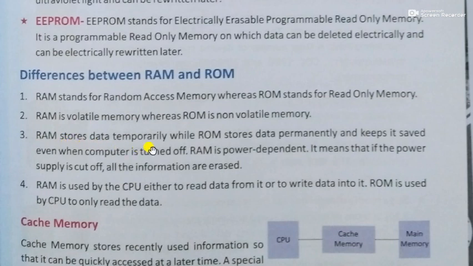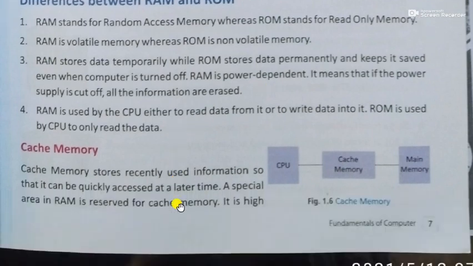RAM stores data temporarily, whereas ROM stores the data permanently. That also depends upon the power supply. When the computer is switched off, the information is erased, but for ROM, even after the computer is switched off, the data will be saved.